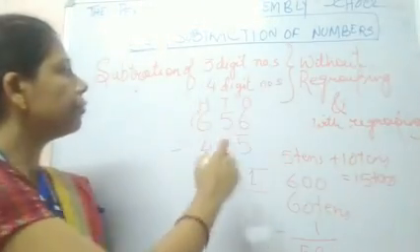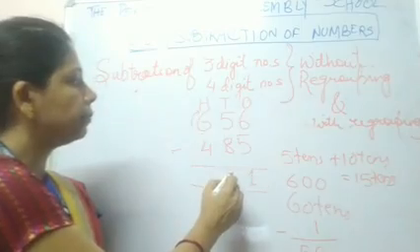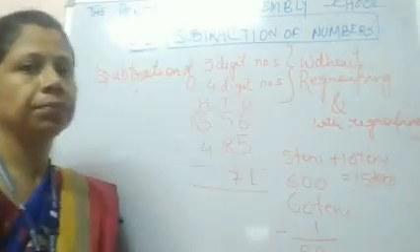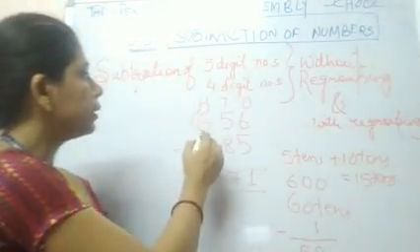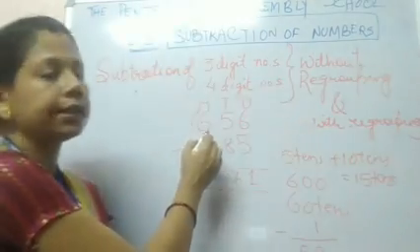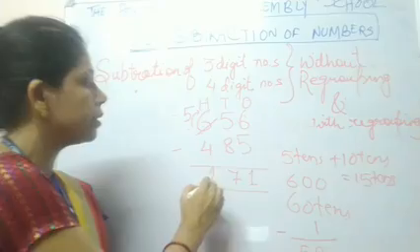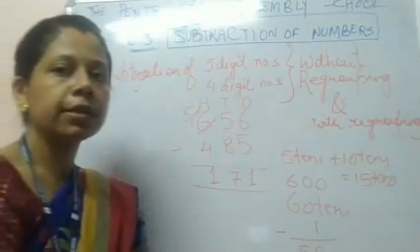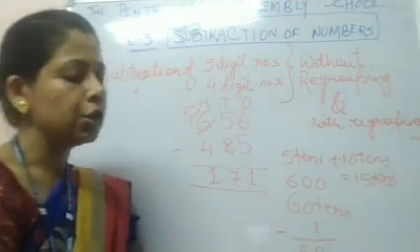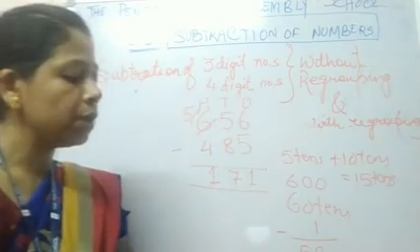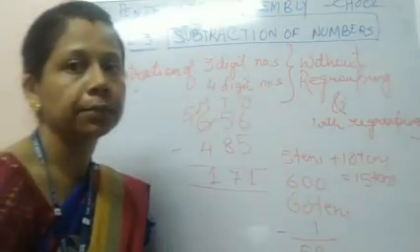So this is 15 minus 8 is 7. Okay students, and this 6 is getting reduced to 5. So 5 minus 4 is 1. So your answer is 171. So this is regrouping from hundreds to tens.